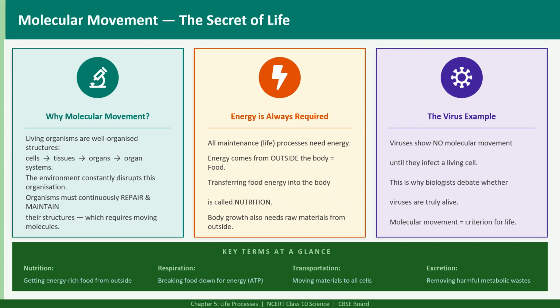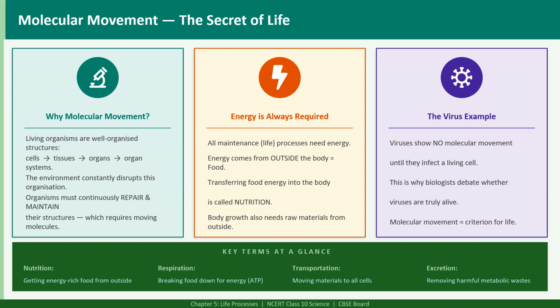Energy is always required. In order to maintain any life processes, we need energy. Actually, we are not producing the energy. Then how are we getting it? Energy comes from outside the body, in the form of food. How do we get food? From plants, from small animals, and from animal products.